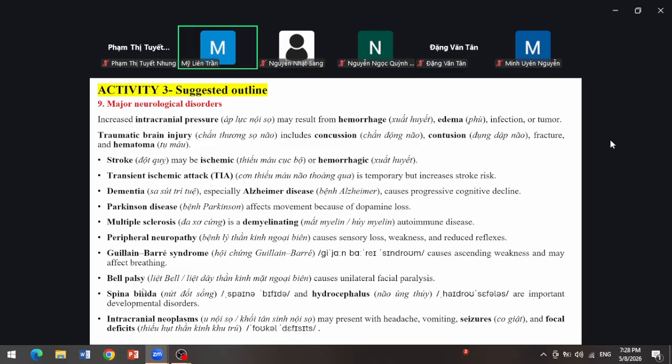Spina bifida and hydrocephalus. Spina bifida, hydrocephalus, important developmental disorders. Nứt đốt sống, não úng thủy là những cái rối loạn phát triển rất là quan trọng.